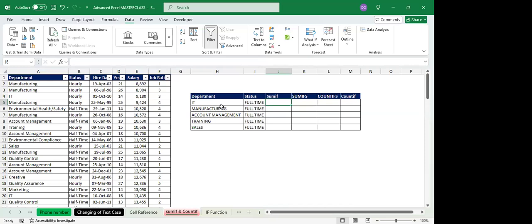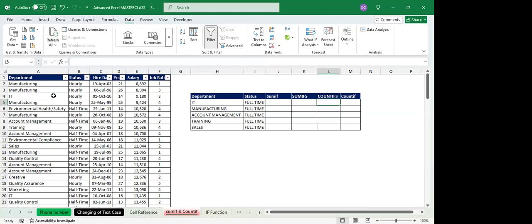In the case of this question, what I want to do is that I want to sum. Look at this, I have sumif, I have sumifs, I have countifs, and I have countif, right? What this means is that I only want to know the sum of the salary paid to the IT department.